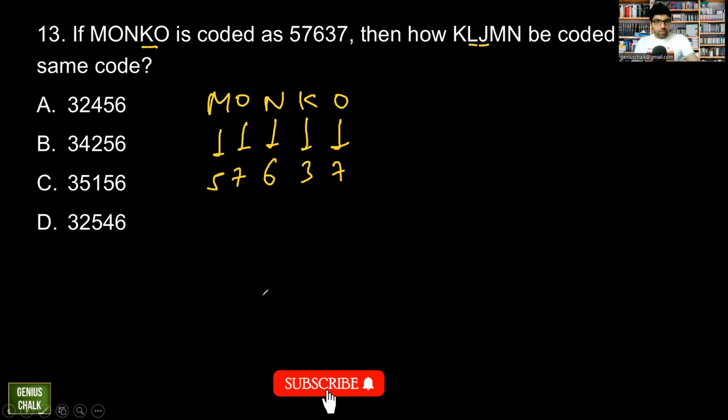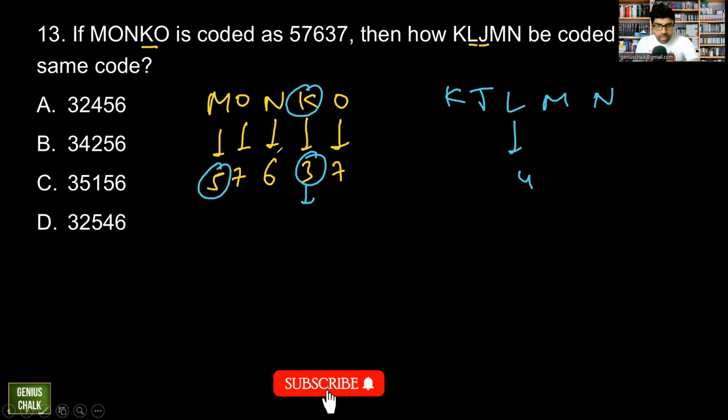Now you see, if you arrange them in this actual pattern, K is 3, right? K, L, M. So what should be L now? The word is K, J, L, M, N. These are all in sequence if you check very thoroughly. If K is 3, then L should be 4, and then M is 5, then N is 6, absolutely correct, and O is 7.